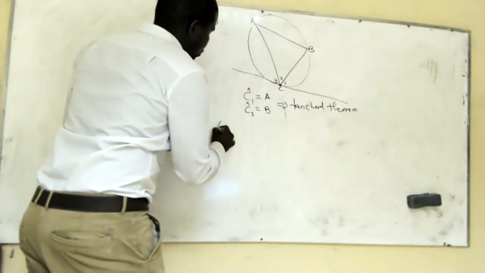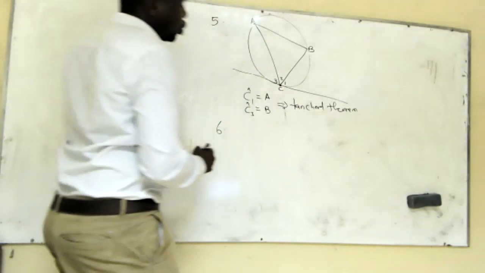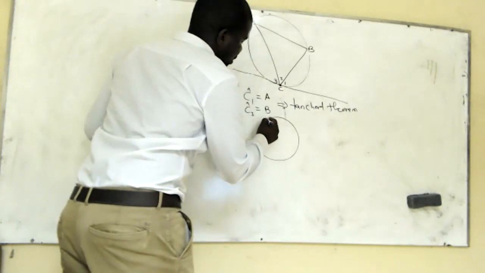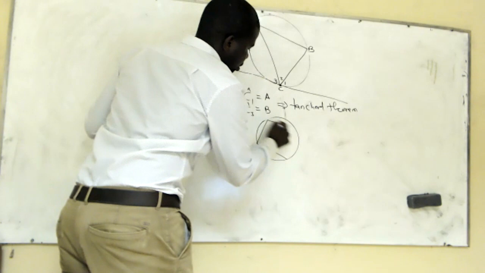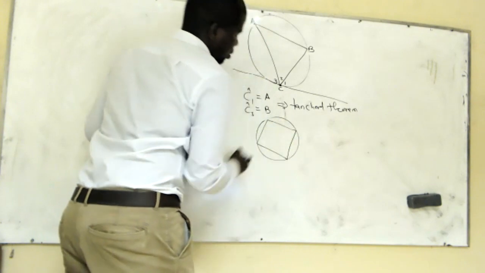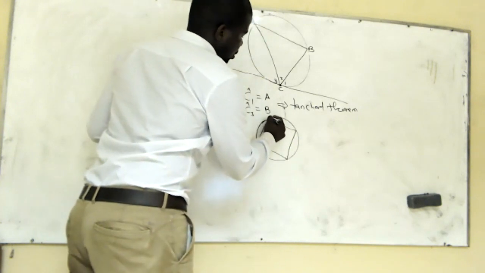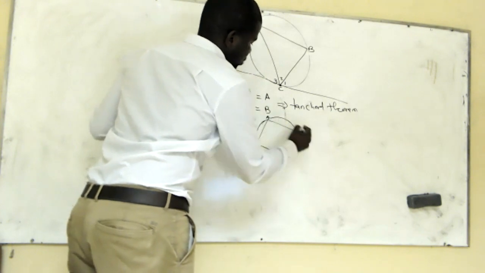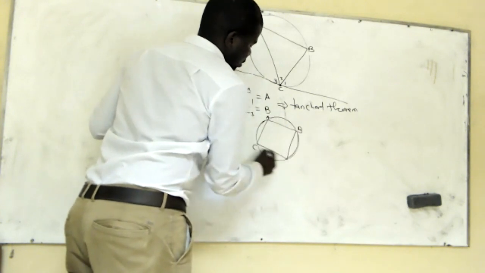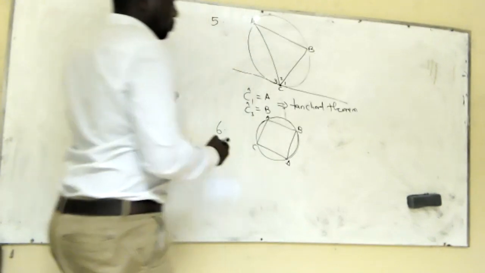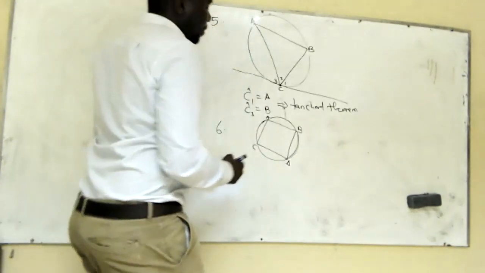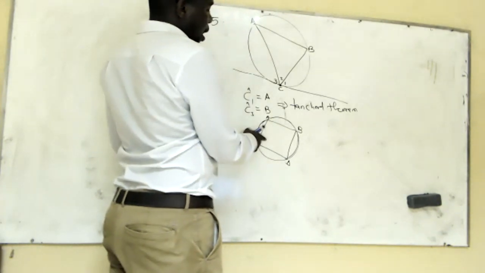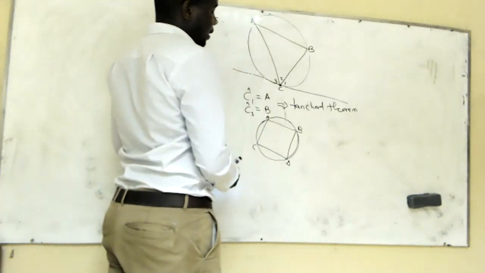Then let's quickly go to theorem number 6, which talks about a circle with, let's say, we're given A, B, C, D. And then now, this is a cyclic quad because you can see we're given a quadrilateral inside the circle.